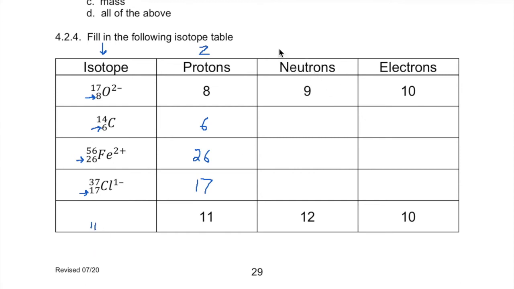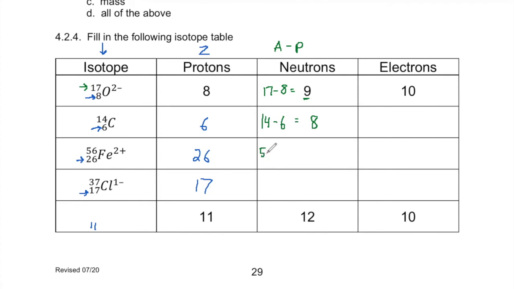To figure out the neutrons, we need to take the mass number and subtract the protons that we have. So 17 mass minus 8 of those mass being protons leaves 9 neutrons. So for this one, we have a mass of 14 minus the 6 protons would give us 8 neutrons.